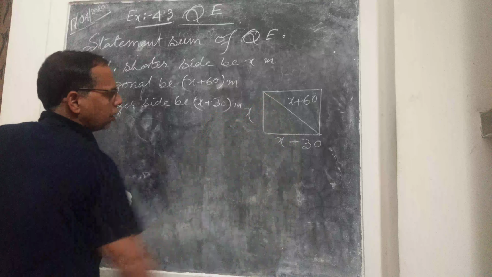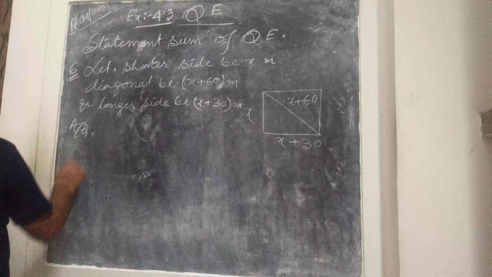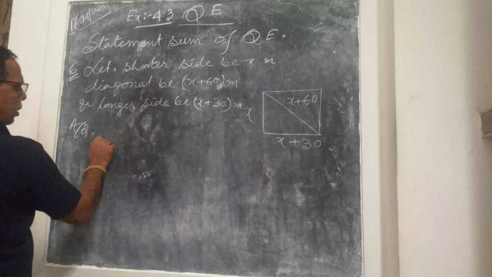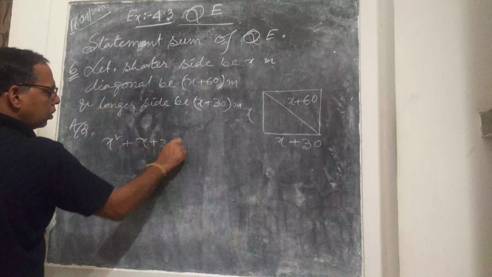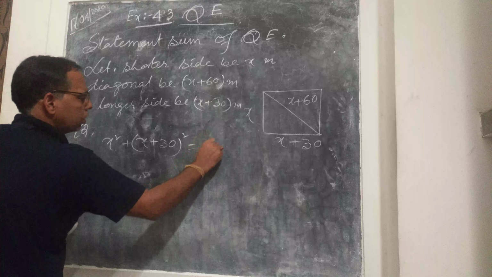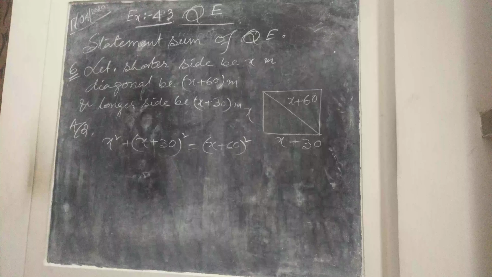Now obviously this is the Pythagoras theorem. So according to the question, x square plus (x plus 30) whole square equal to (x plus 60) whole square. Then the remaining part you solve by yourself. Please write that down at the earliest.